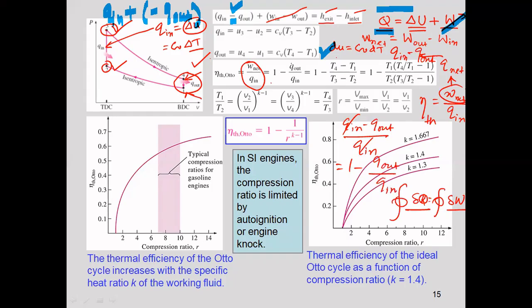Again, 1 minus T4 minus T1 by T3 minus T1, we have just replaced this heat input in terms of the properties. So far, up to this term, we have considered only the energy terms, 1 minus Q out by Q in.